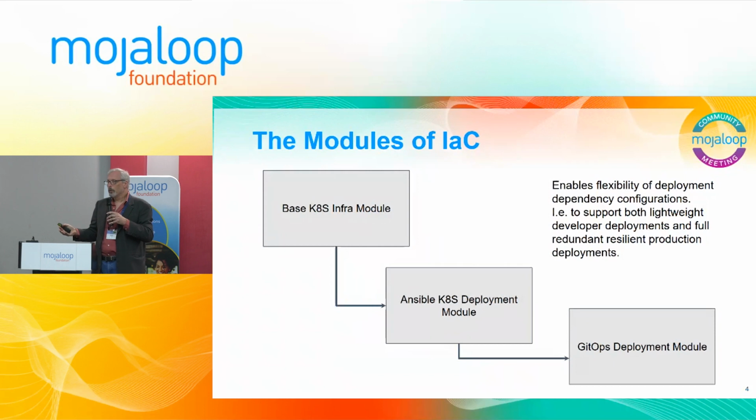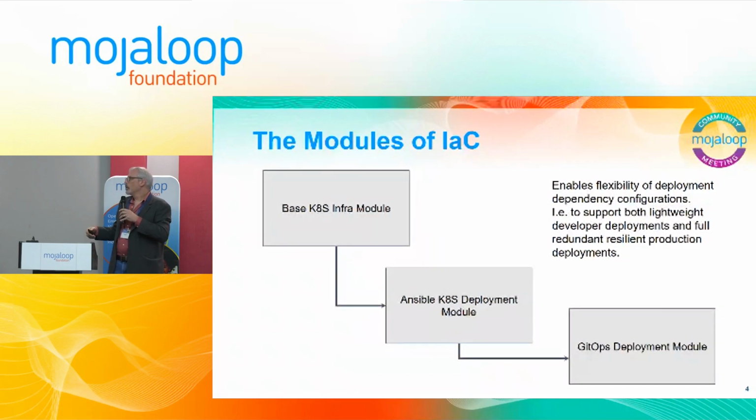For those who are not familiar with Ansible, it's another infrastructure as code language. And so we're using primarily Terraform and Ansible. So the Ansible module allows you to run playbooks on top of different hosts, and it doesn't matter whether those hosts are running in a bare metal situation or a cloud.